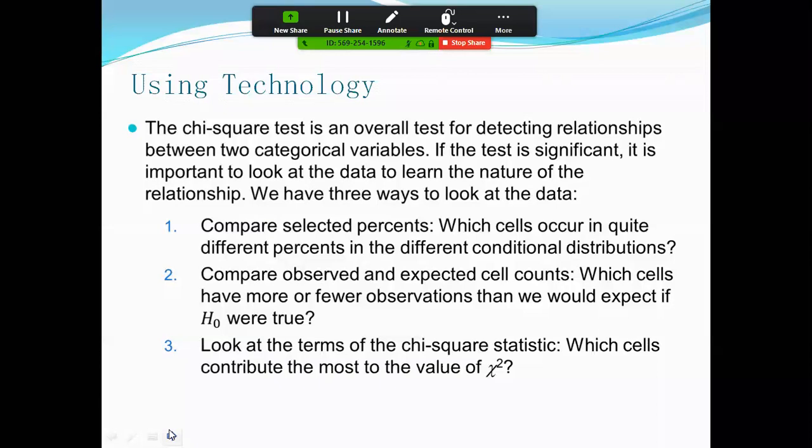Which cells occur in quite different percents in the different conditional distributions? 2. Compare observed and expected cell counts. Which cells have more or fewer observations than we would expect if H0 were true? 3. Look at the terms of the chi-square statistic. Which cells contribute the most to the value of chi-square?